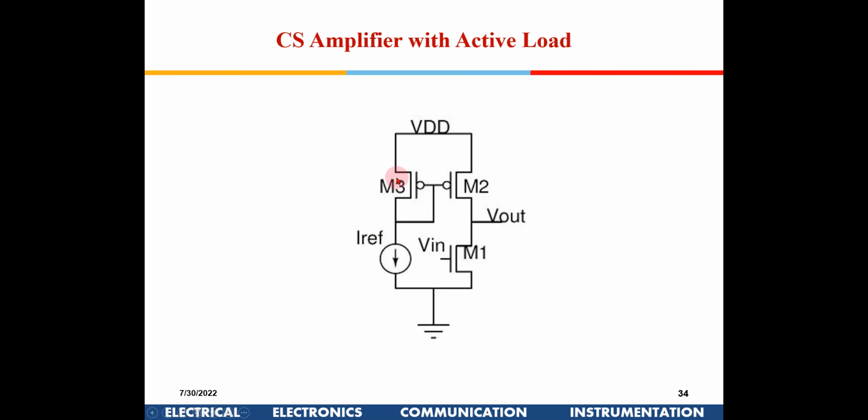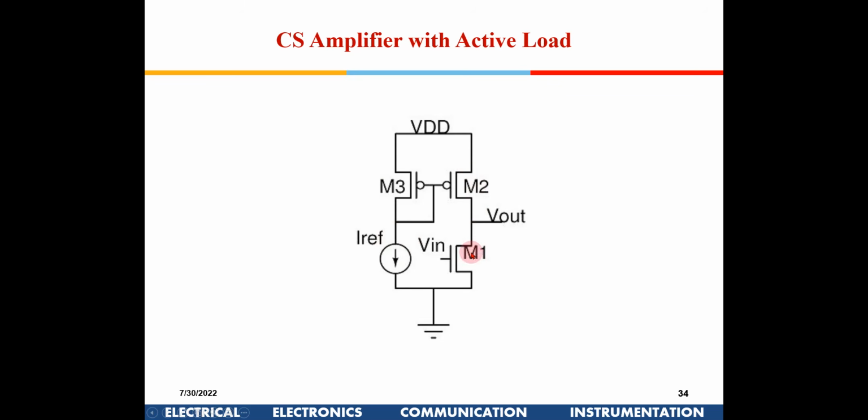Now that current is flowing through this PMOS, and if you connect this as a current mirror, the same current will flow here. If you adjust the widths of these two transistors, say if I put 1 micro and 1 micro, the same current will flow here. If I put 1 micro and 10 micro here, 10 microamperes current will flow here.